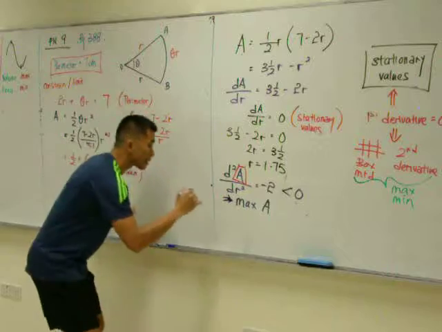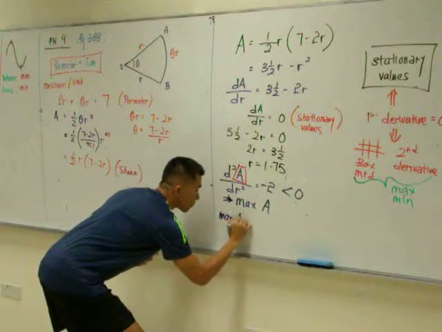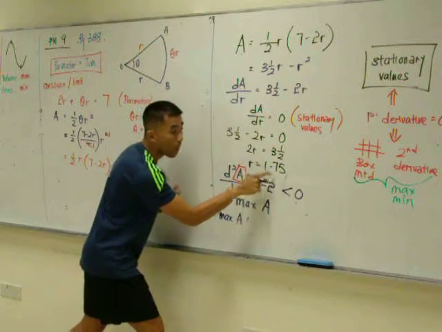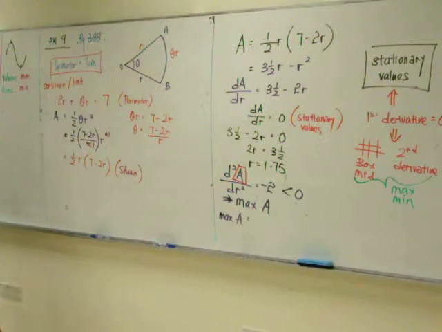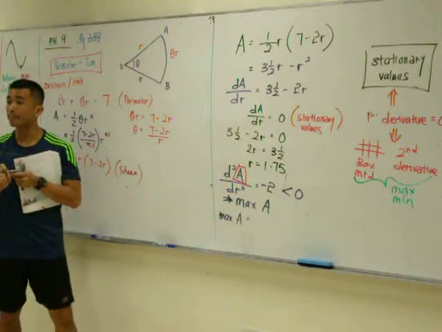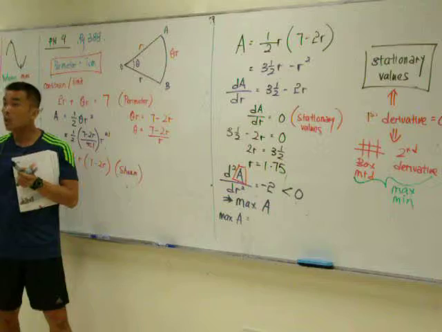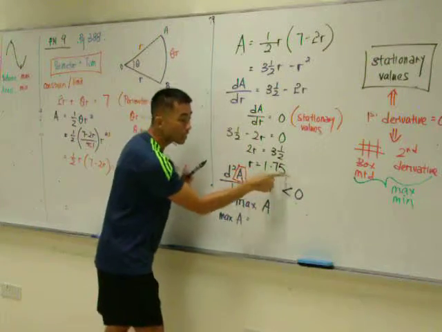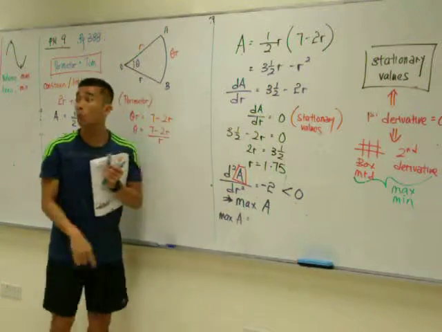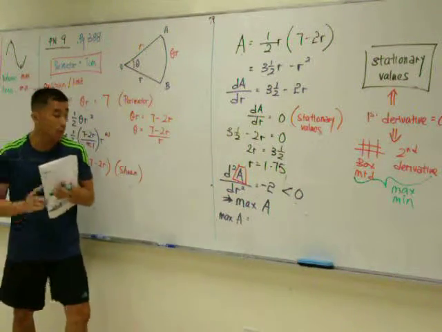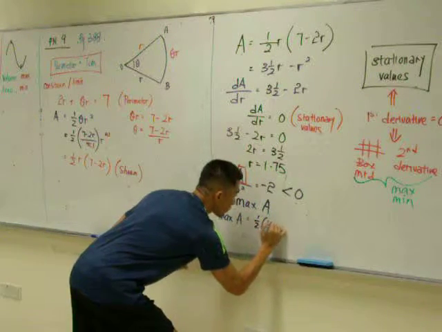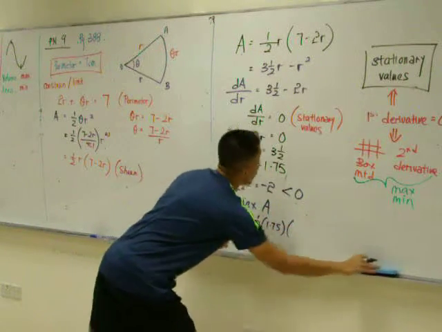But how to find the maximum area? Thank you. Use r equal to 1.75. Plug it inside where? Plug it inside the area formula. Agree? We have proven that 1.75 using the second derivative will allow us to have a maximum area. So now, plug in your 1.75 inside the formula.